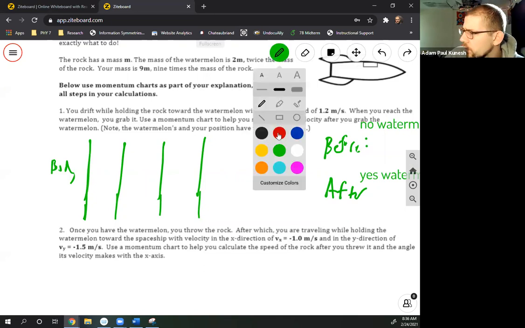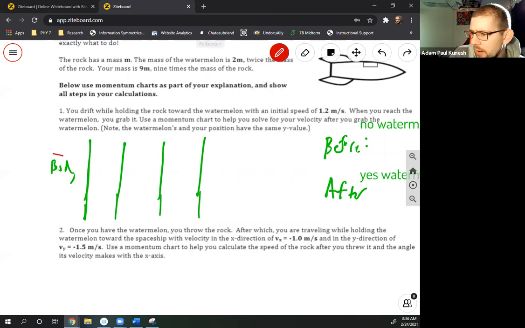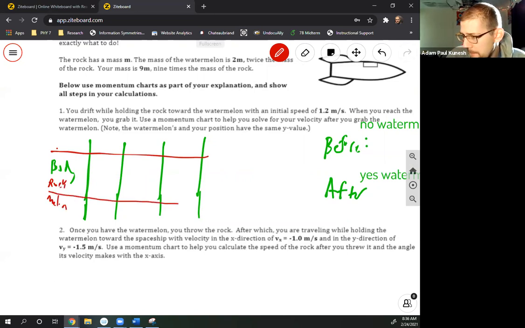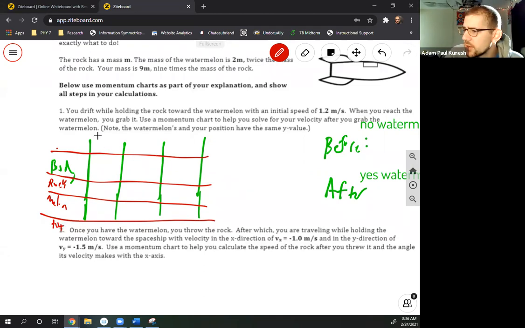We've got 3 parts. I'm going to have body, rock, and watermelon. And I will have a total at the bottom. So here's P initial, here's delta P, and here's P final.